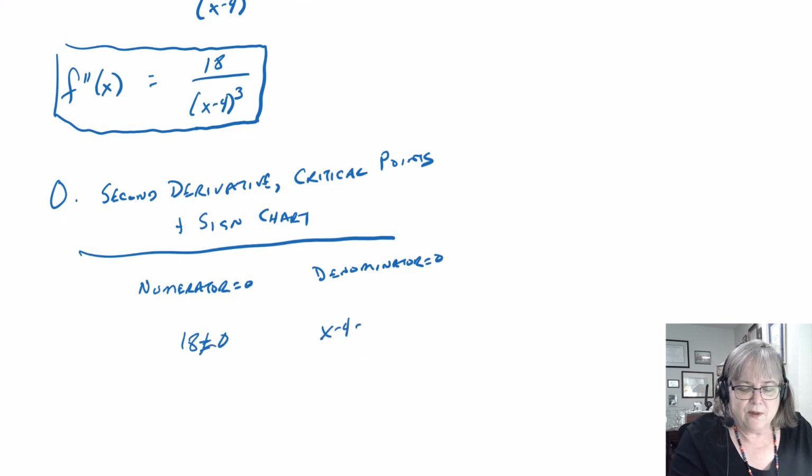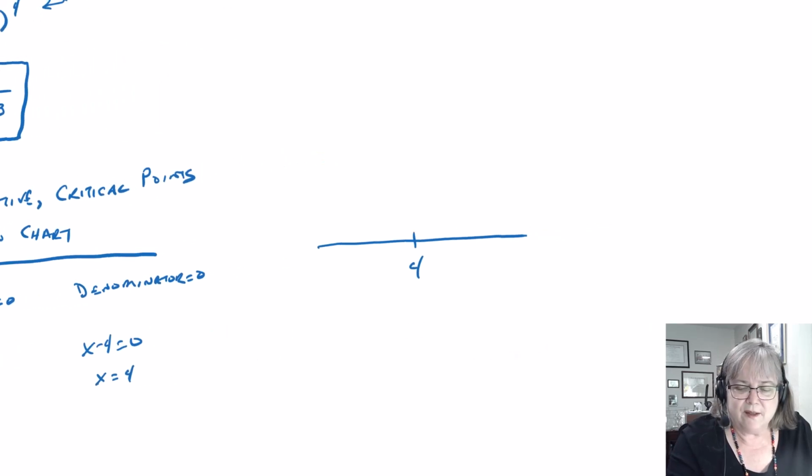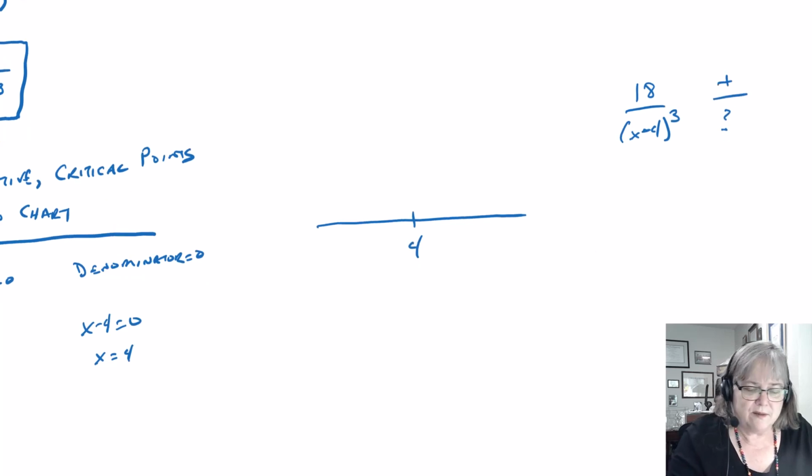X minus 4 could be 0, so my point I need to check on either side is 4, just like before. Now in this case, I don't have a positive or a negative over a square. There's a cube down here, so it can change signs. So the top is always going to be positive, but the bottom depends on where you're at.